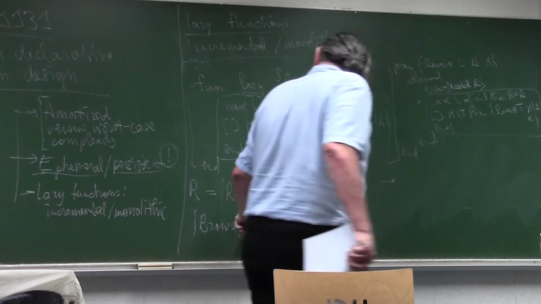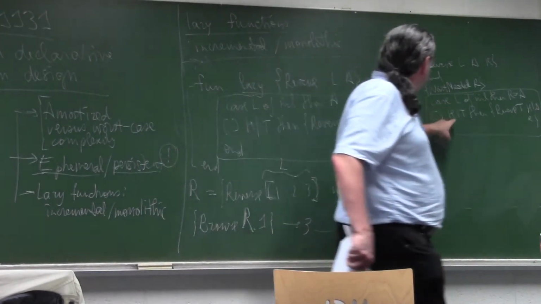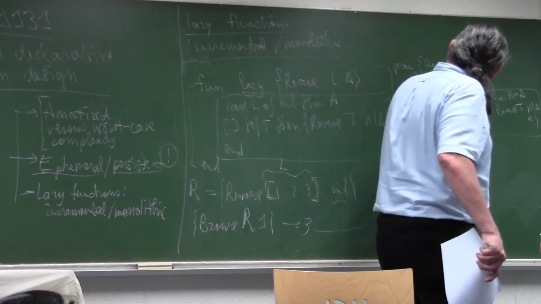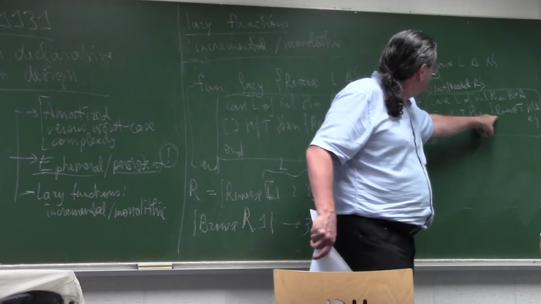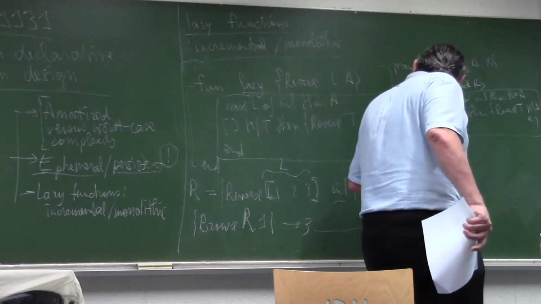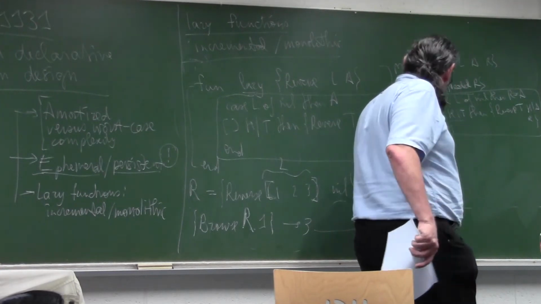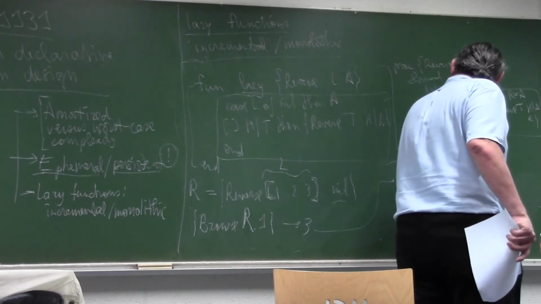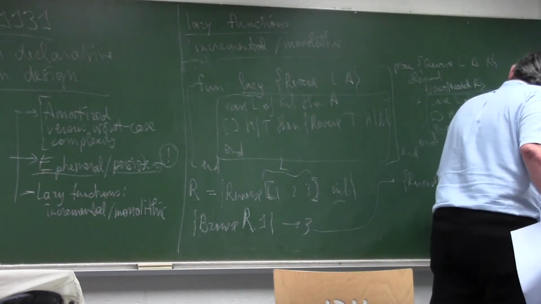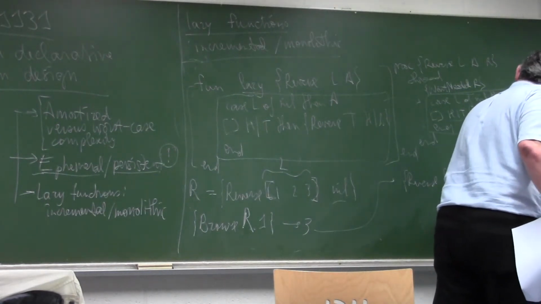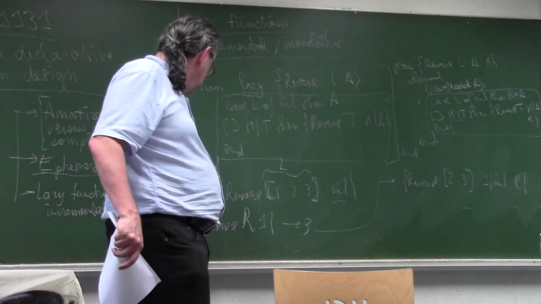The L here is 1, 2, 3. It's not nil, so I do H bar T. This turns into reverse T, which is 2, 3, and 1 bar nil, R.